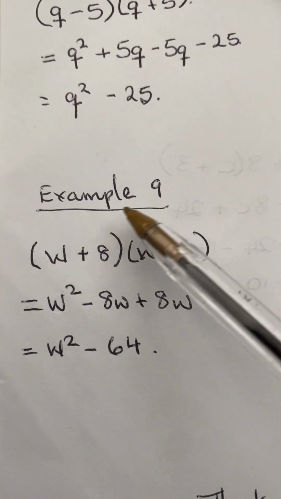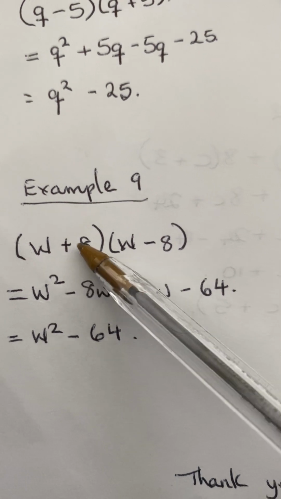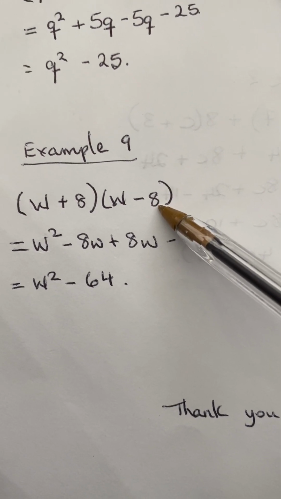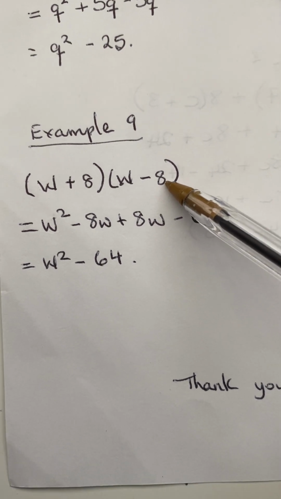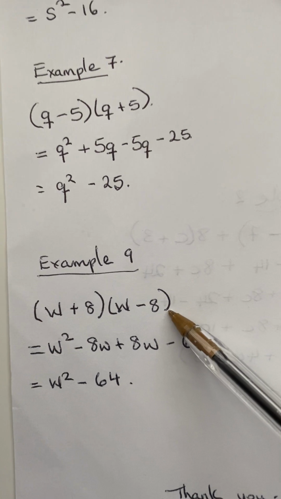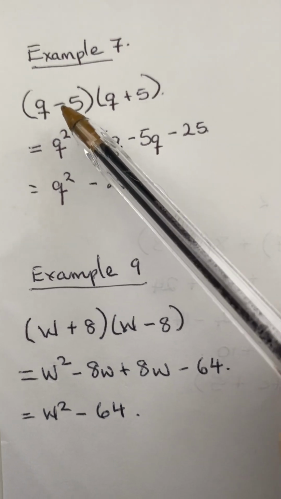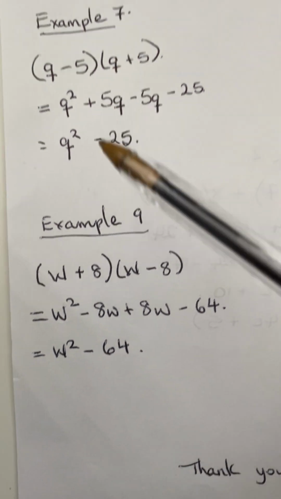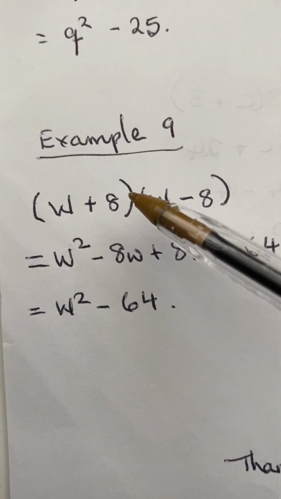Example 9. (w plus 8)(w minus 8). Okay, here the plus comes first before the negative, whereas before the minus came first and the positive later, but it's still the same.